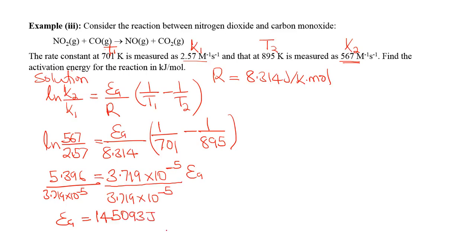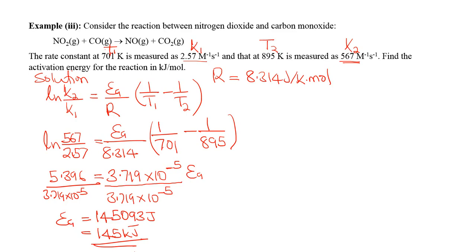So naturally you want to change it to kilojoules, which is 145 kilojoules. So this is your activation energy. It is not a difficult problem, only that it is cumbersome. So just make sure that you play around with the numbers, you use your calculator properly, and the like.